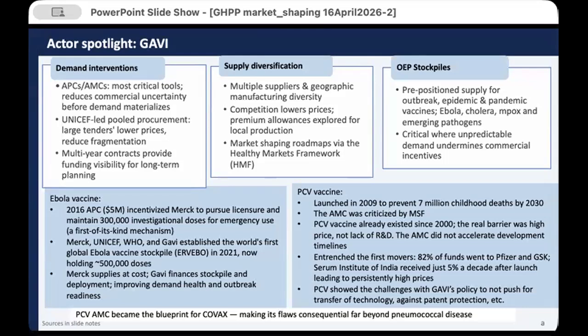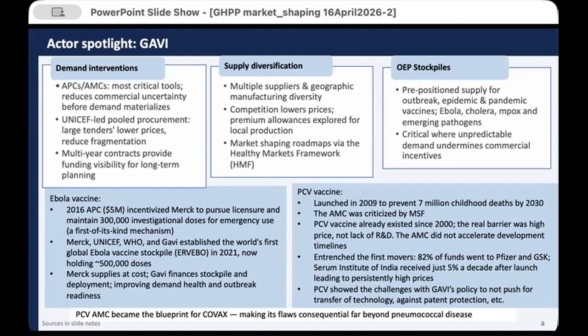On the supply side, Gavi promotes multiple suppliers and geographic manufacturing diversity, with competition as the primary price reduction mechanism and premium allowances being allowed for locally manufactured vaccines. Market shaping decisions in each of these cases are structured through the healthy market framework.